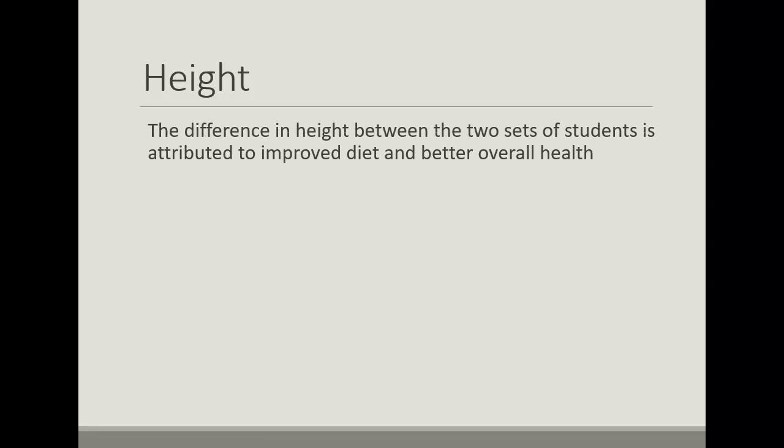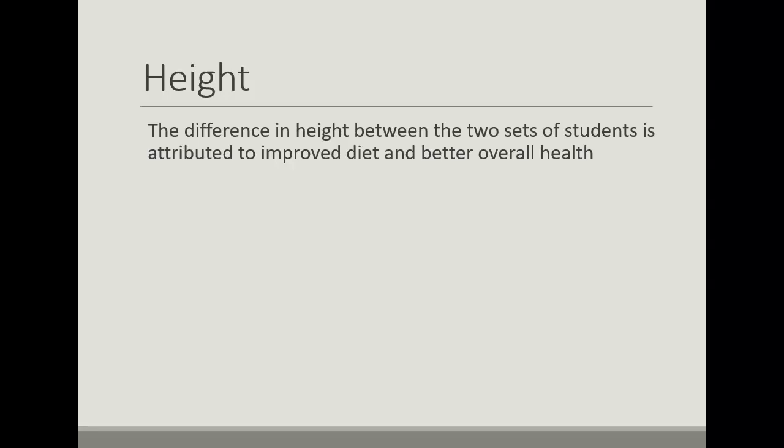And what's interesting is that over time, over the, I believe, 60 or 70 years in between those two pictures, overall heights have increased. So we are taller on average as a human population than we used to be. And a lot of it is really related to overall health and diet.